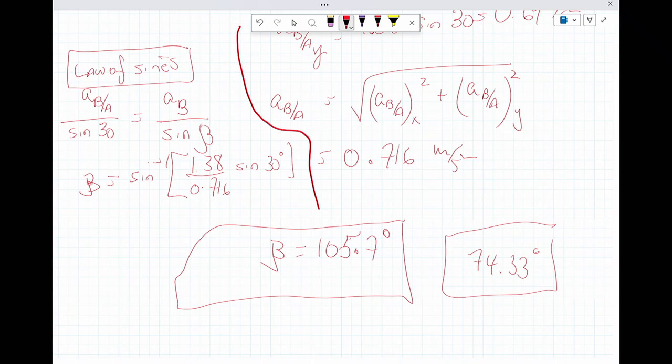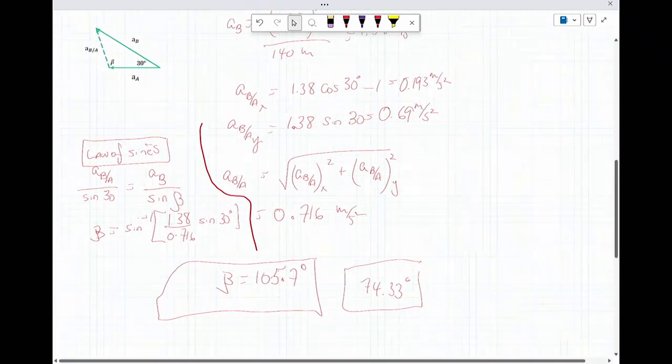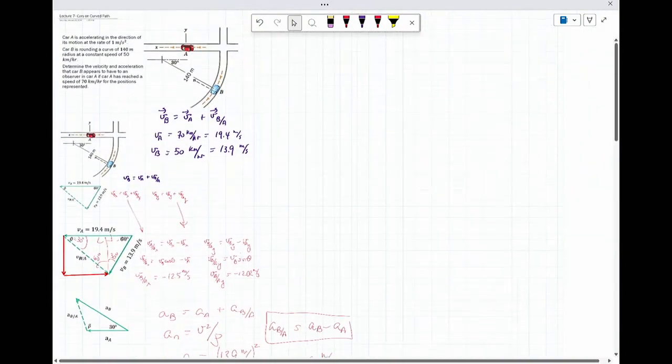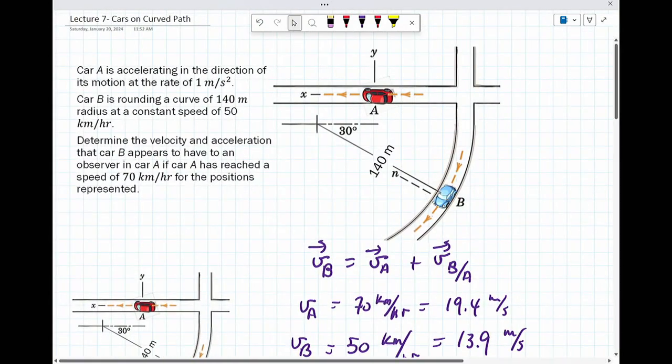Go ahead. How come for the acceleration of B, we only use the normal component? For the acceleration of B, we only used the normal component because when the problem was stated, we were told that car B is traveling along the curved path at a constant rate.